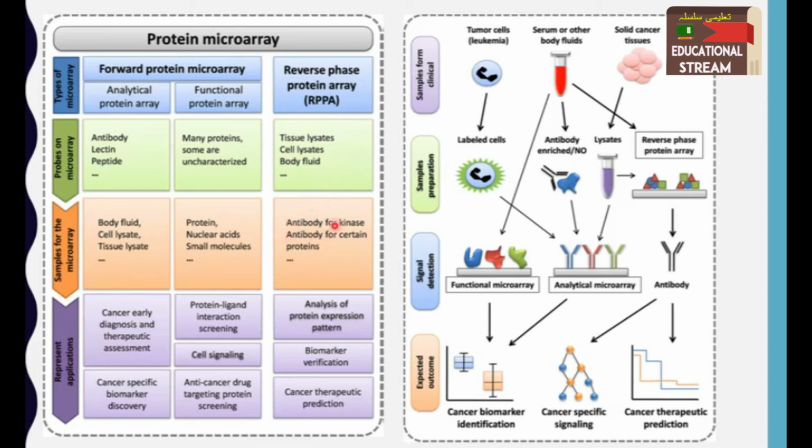And we use antibodies for different enzymes or different proteins, and it allows multiple samples to be arrayed on a single slide. Because of this, these samples can be probed simultaneously with the same probe. For example, antibodies detecting a particular epitope, and additional incubation of secondary antibodies or ligand is required along with the detection and amplification system.